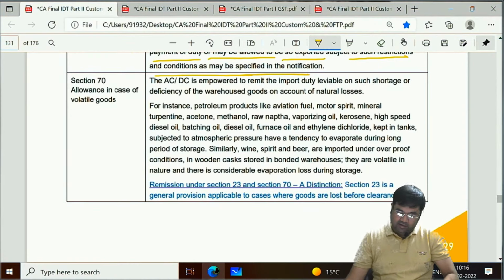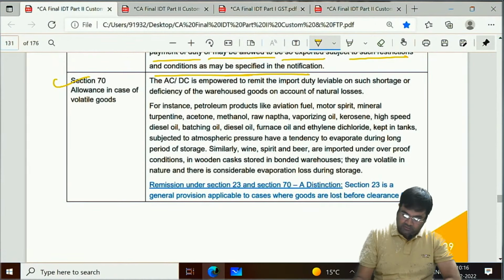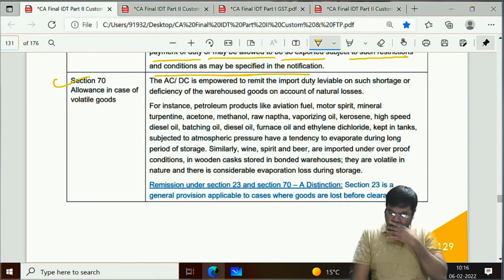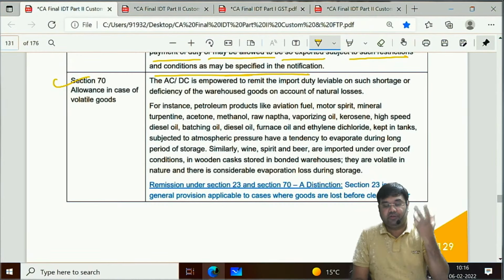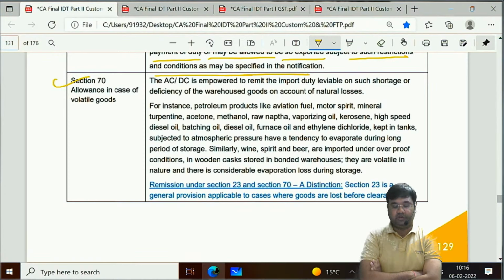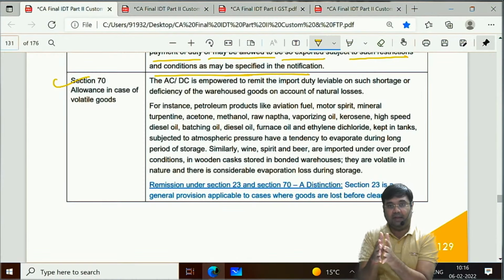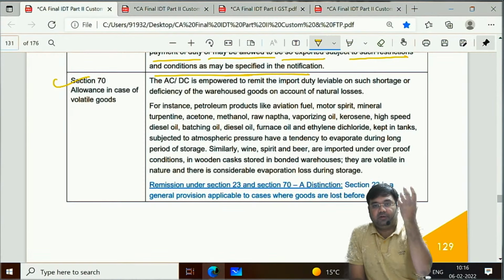Section 70, allowance in case of volatile goods. So a few goods are subject to evaporation. Naturally they evaporate. Like you know that petrol, diesel evaporate with the passage of time.